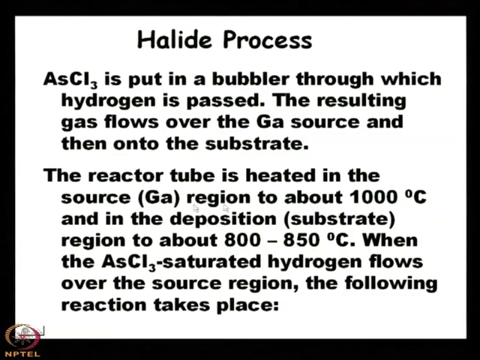The reactor tube is heated in the source region to about 1000 degree centigrade and in the deposition region to about 800 to 850 degrees centigrade. So, from this discussion it is evident this is a two zone furnace. One zone is at 1000 degrees containing gallium, another zone where the substrate is kept is at 800 to 850 degrees centigrade.